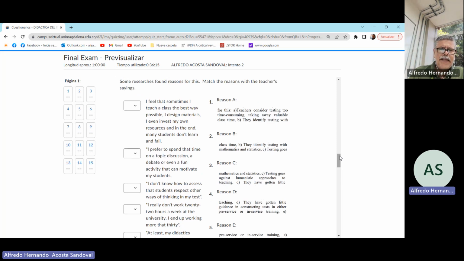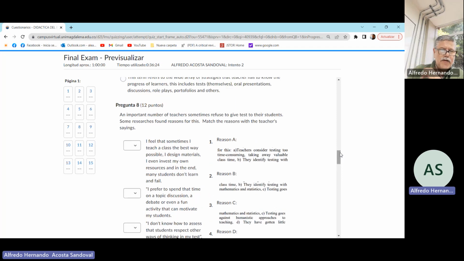The idea was to match some reasons why an important number of teachers sometimes refuse to give tests to our students. Some researchers found reasons for this. Why do teachers refuse to give tests to students?